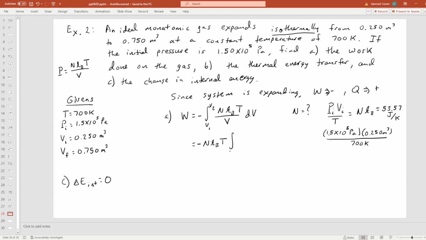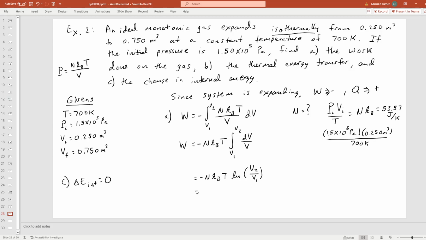We'll just throw in that calculation when we need to. Okay. So we've already done this integral a couple of times, or at least once anyway. So this is negative NKB times T times the natural log of V2 over V1.